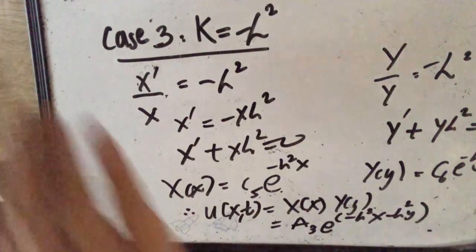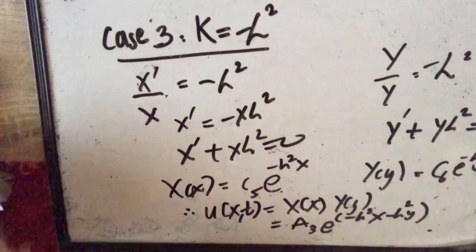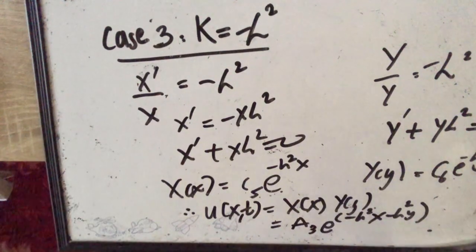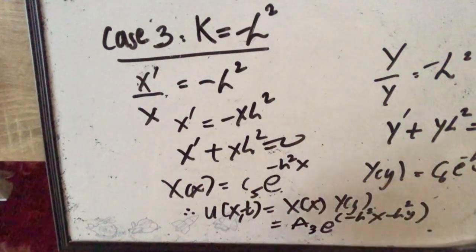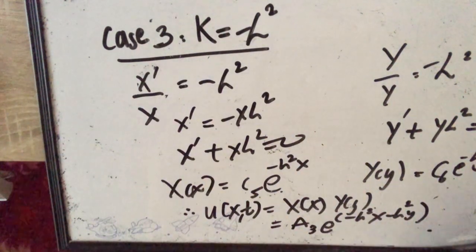So we will proceed with step number 3, which is the Fourier series solution. If you can see, for case 1, case 2, and case 3, the steps are the same.